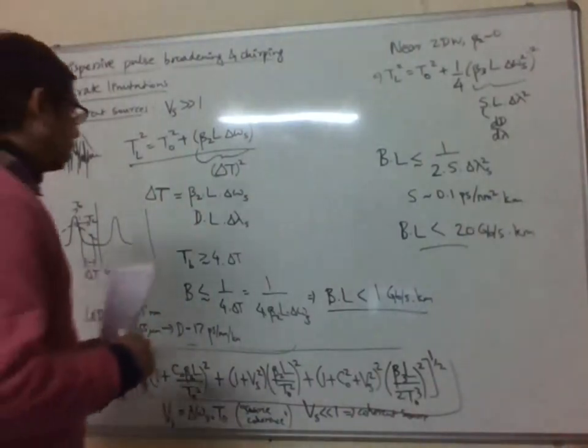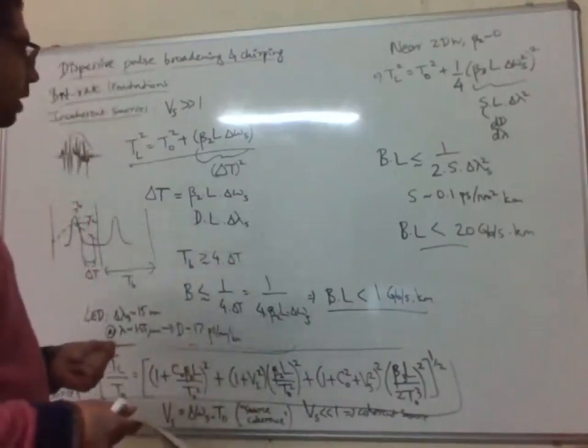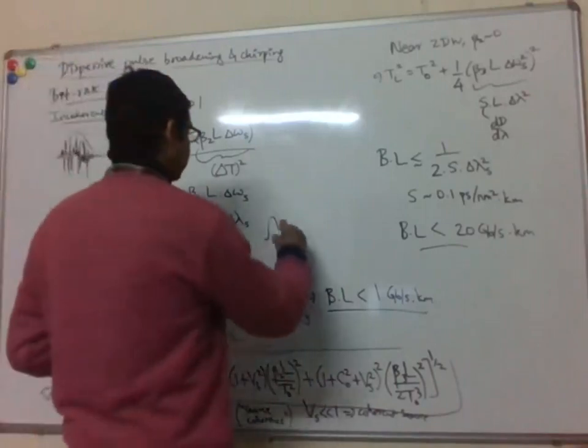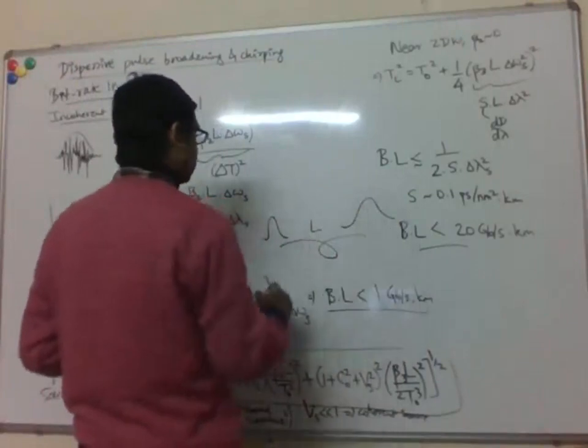One can actually use linear systems theory and define a fiber transfer function, right? So you have some input pulse here, then you have some length, and then you have an output pulse.